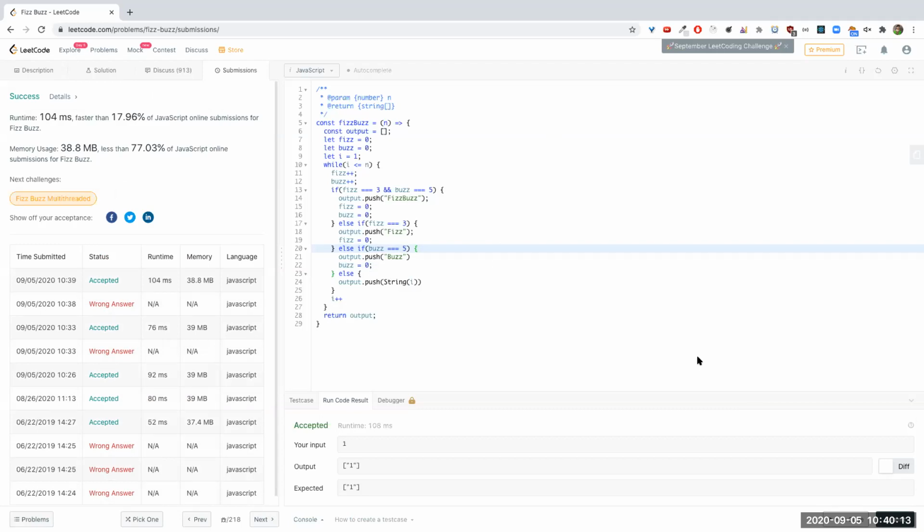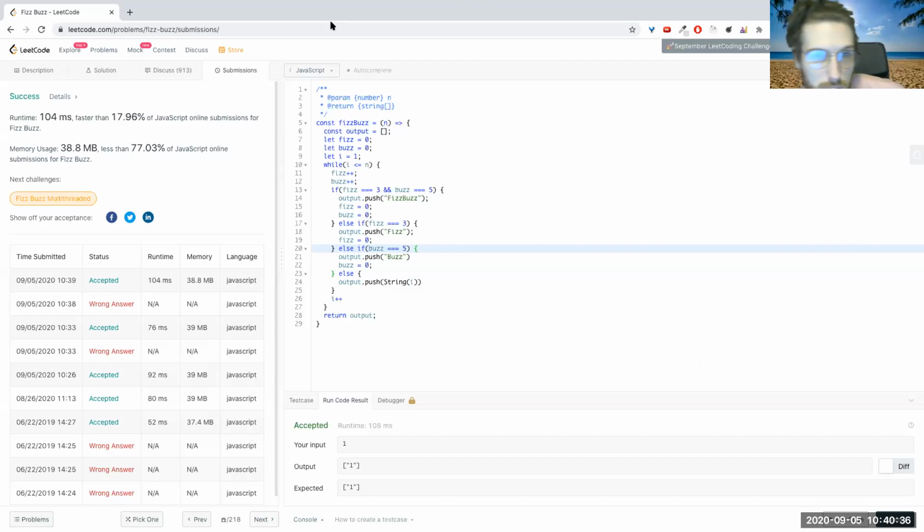By using fizz and buzz, once you increment to 5, it is always going to be divisible by 5 because it's at 5. So it's not about what's left, it's about how many remainders there would be, and that determines how far away it is from being divisible again.